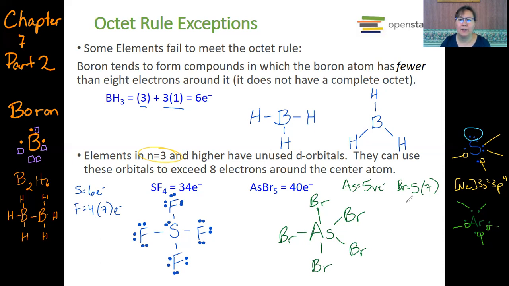So we've got 10 electrons here, 12, 14, 16, 18, 20, 22, 24, 26, 28, 30, 32, 34, 36, 38, and 40. All of our lone pair electrons are on our bromines, and we don't need to put any on arsenic like we did on sulfur. But count those electrons at the beginning and at the end, because it'll save you from a lot of mistakes.